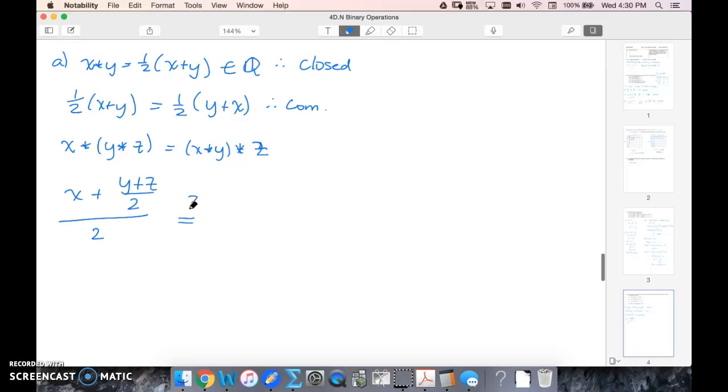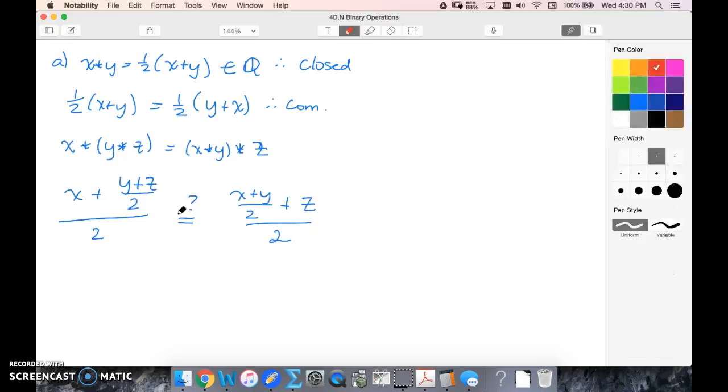And the question is, is this equal to x plus (y plus z over 2) over 2? If we simplify these out, we're going to discover that they are not equal. I'm going to leave that simplification up to you if you want to go further to prove it, but you should see from this pretty much already that they're not going to be equal. Those are not equal, therefore it's not associative.